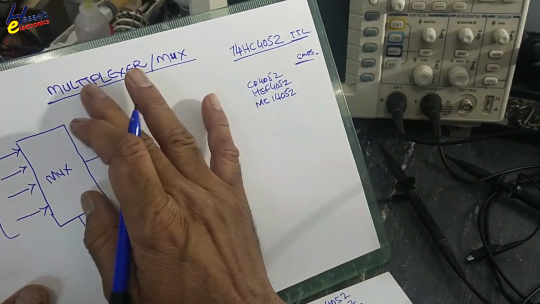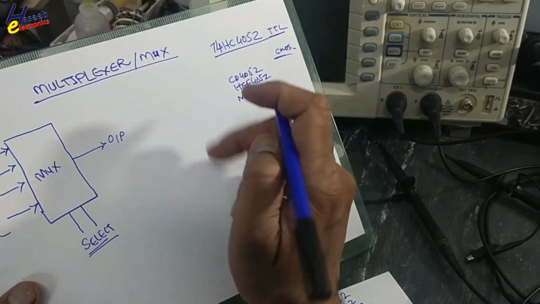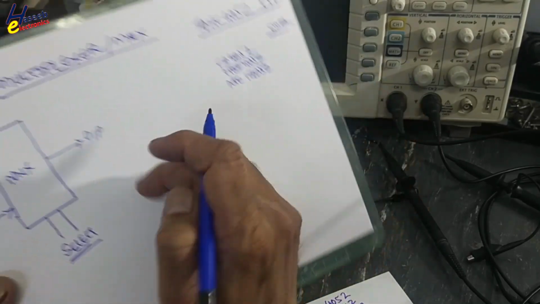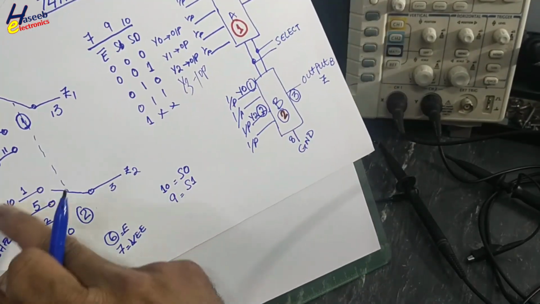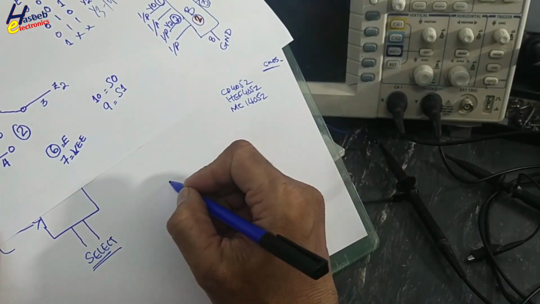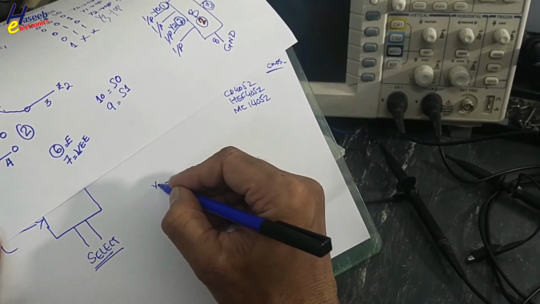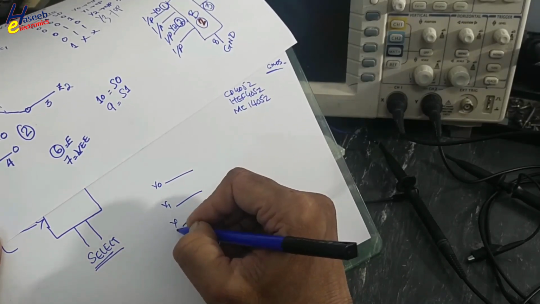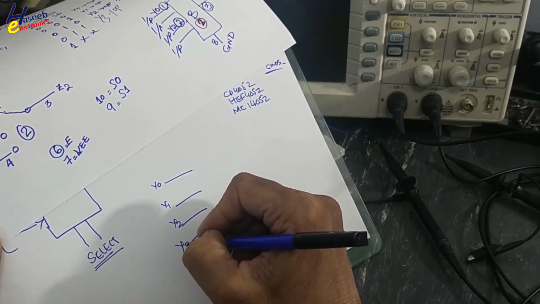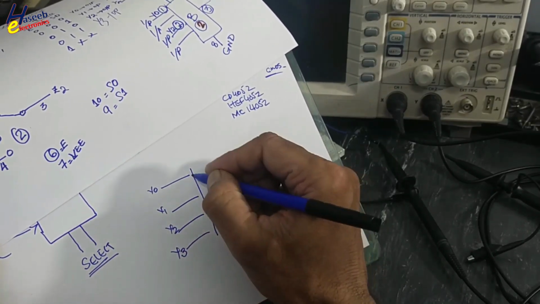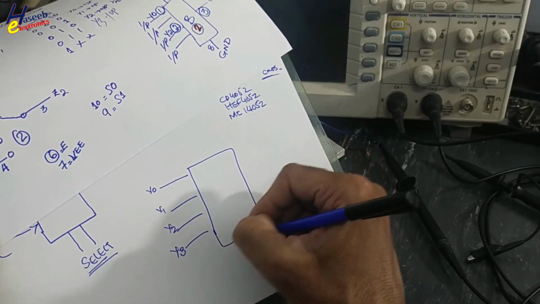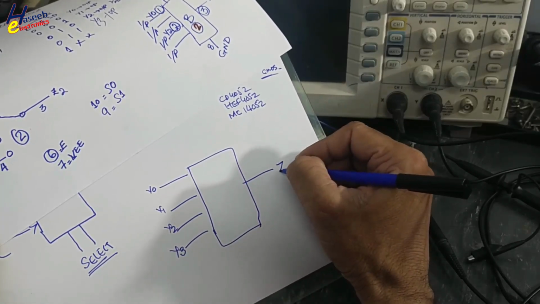To explain the behavior of this IC as a multiplexer, I will select one channel. Let's suppose I selected this channel now. We have 4 inputs, Y0, Y1, Y2, Y3, and Z output.